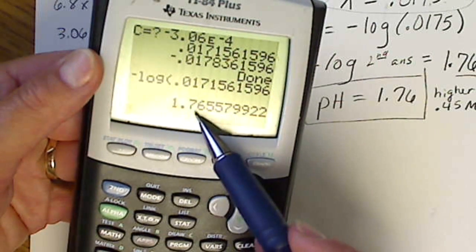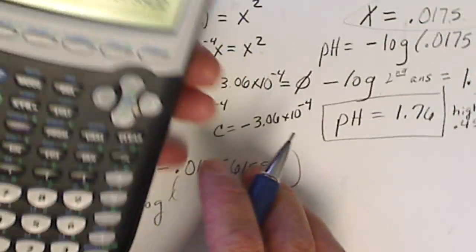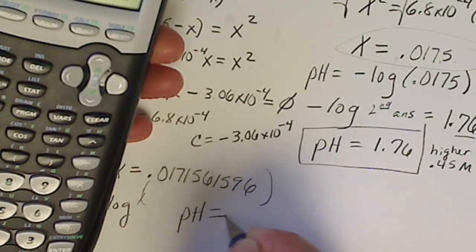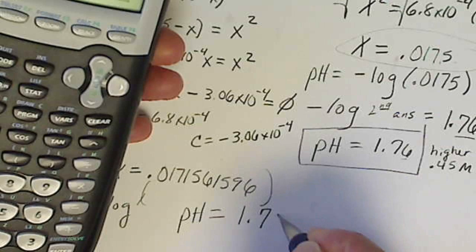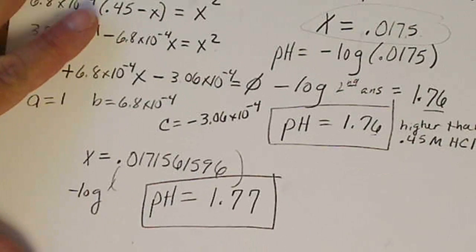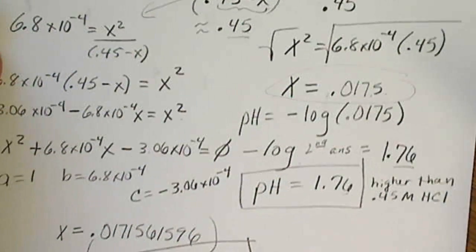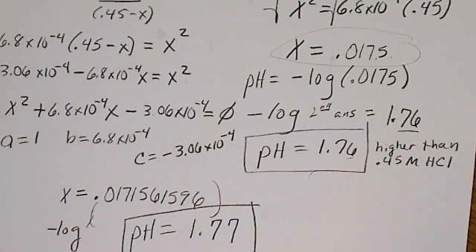Now it rounds up to 1.77. So doing the math meticulously gives us a pH value where we're off in the 1/100th place. So, in my opinion, I'd rather make this assumption here. So, we don't have much of a difference there.